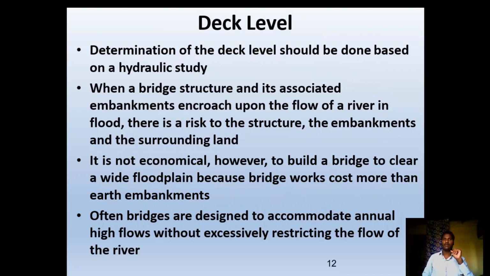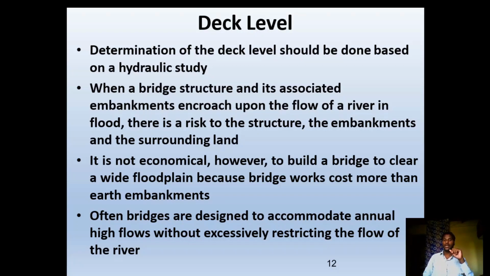Next is deck level. Determination of the deck level should be done based on hydraulic study. When a bridge structure and its associated embankments encroach upon the flow of the river in flood, there is a risk to the structure, the embankments and the surrounding land.